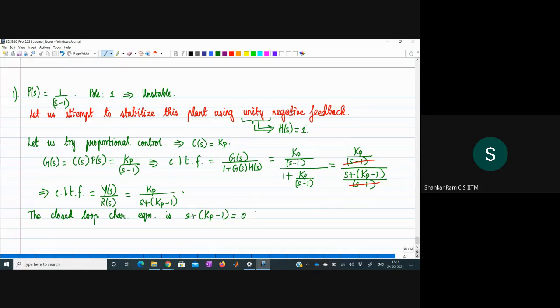That's what we have. So consequently, S will be equal to 1 minus Kp. Right? So this is the closed loop pole, because we know that the solution of the closed loop characteristic equation is a closed loop pole. So we have 1 minus Kp as a closed loop pole. Now, when will this closed loop pole lie in the left of the complex plane? For what values of Kp?